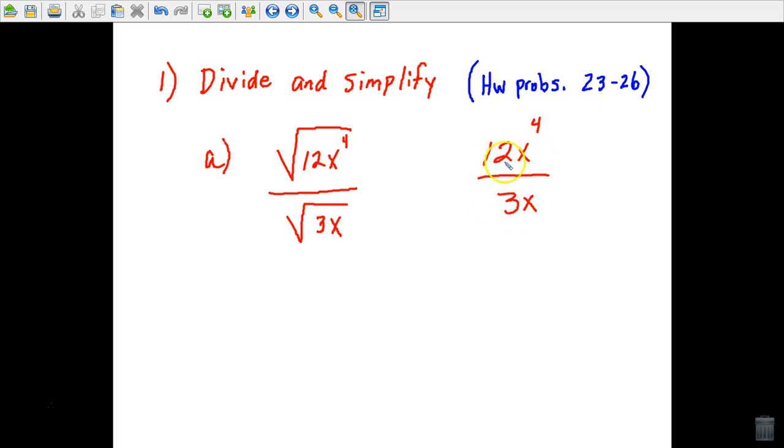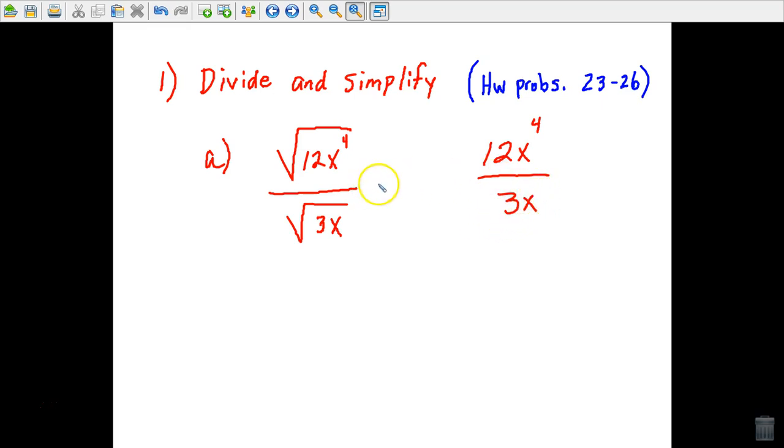And that's the case here because 12 is evenly divisible by 3. 12 divided by 3, of course, is 4. And we can also consolidate these two different x's because we have a rule that says division of like bases means we subtract exponents, and x to the 4 minus 1 power, of course, is x to the third.